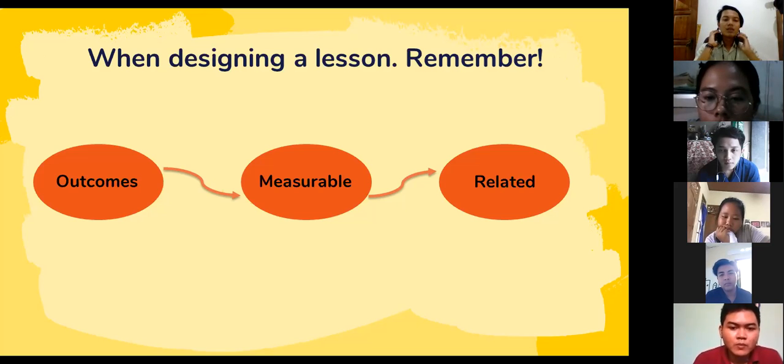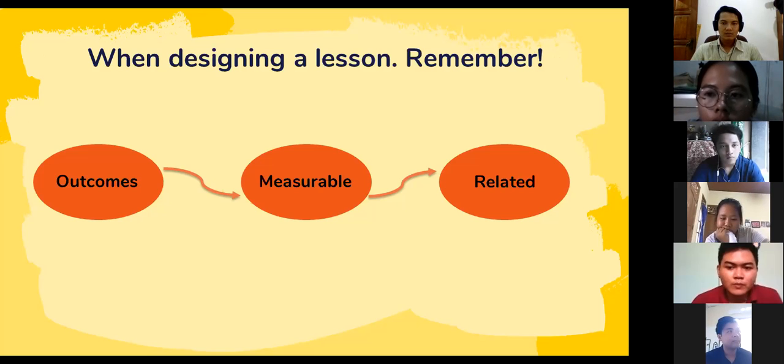That means what kind of outcome or result students will get after learning, so the teacher can determine or make a plan about the result. What will the students gain in the next meeting? The third is related. It means the content or material should be related to the learning process.